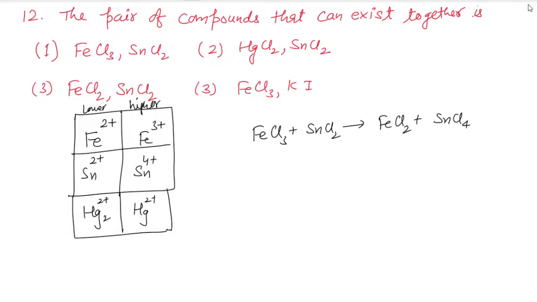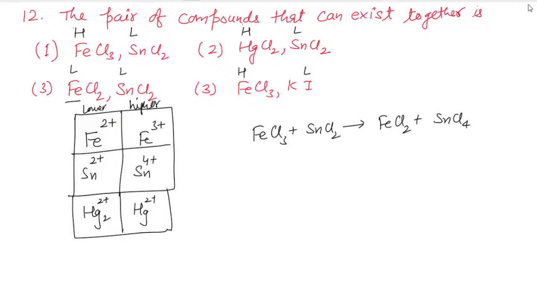Again, see, here is higher oxidation state, lower oxidation state, reaction can take place. I will write H and L. In this case, Hg2 2 plus means Hg 1 plus is lower, the other higher. Here lower, lower, higher, and iodine is minus 1, lower.